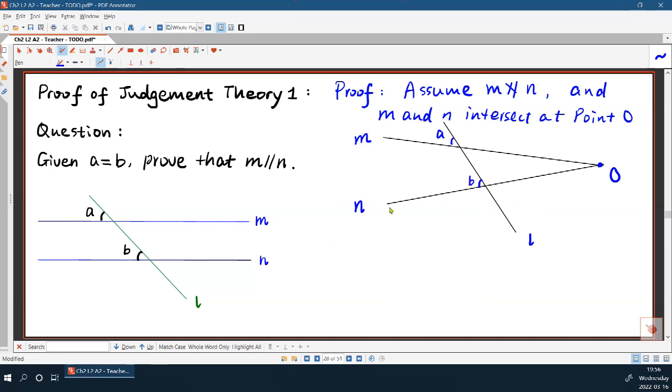And what can we do? Let's call this point A, and this point here is B. Okay, then from point A we can make a new line AC, which is parallel to N, right?